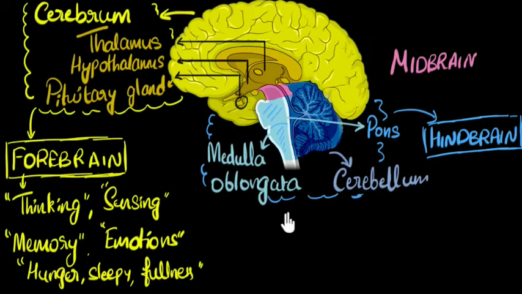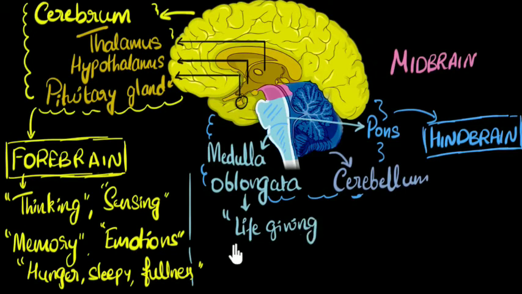Now we are going to see the functions of these, that is medulla oblongata, pons and cerebellum. So first we will see the functions of the medulla oblongata. Its function is life-giving. Why? Because it has control over the involuntary actions. Involuntary actions like what?